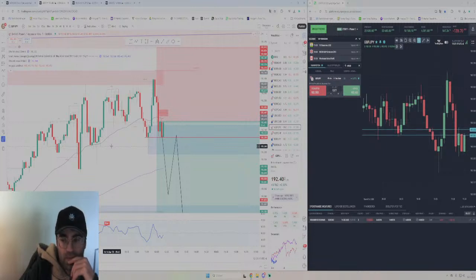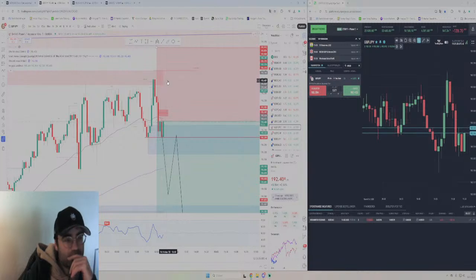Let's just stay patient for once. Patient and wait for it to close under, or struggle at creating a new higher high, and then jump in, either one.